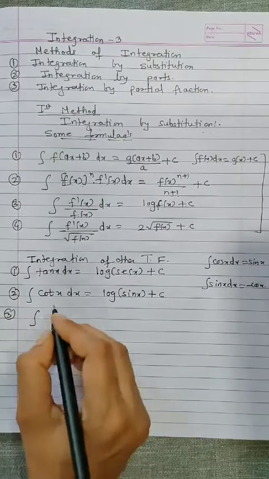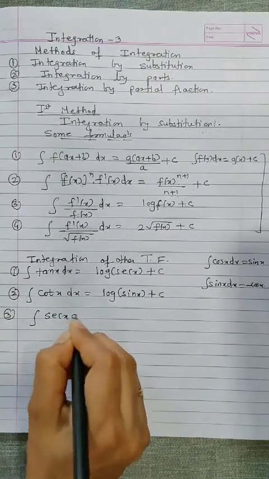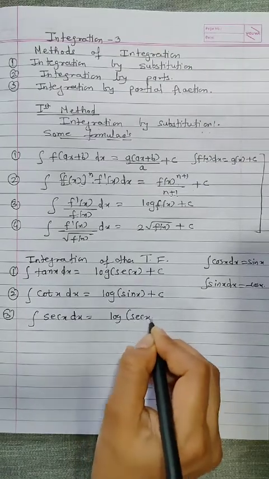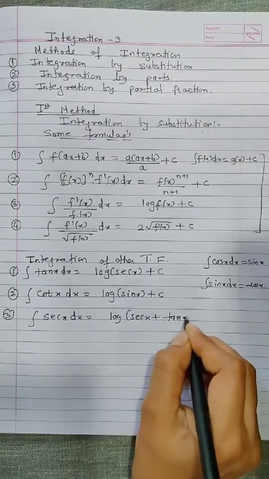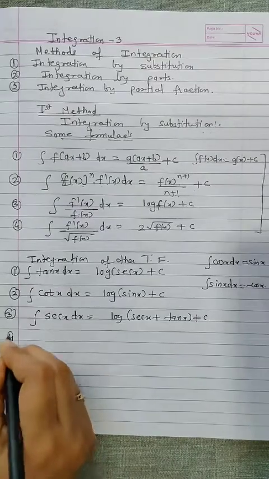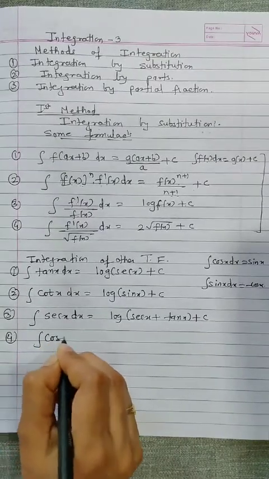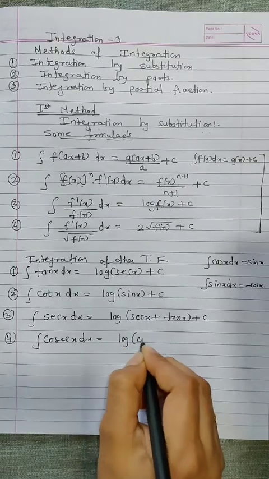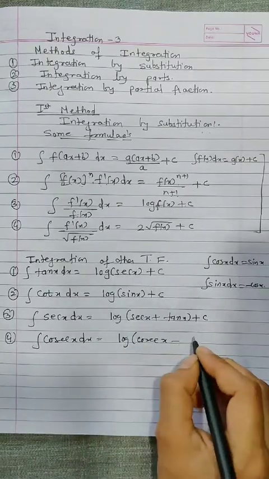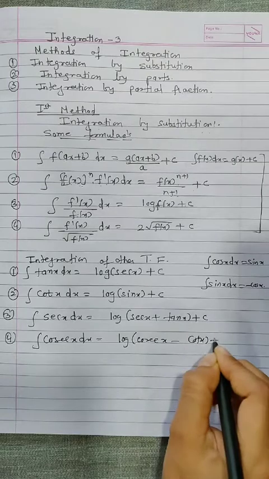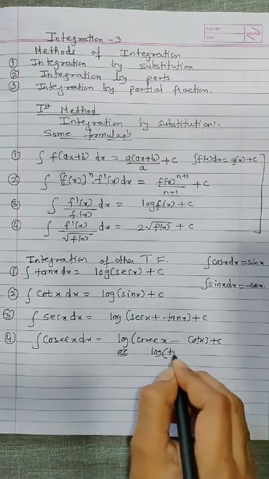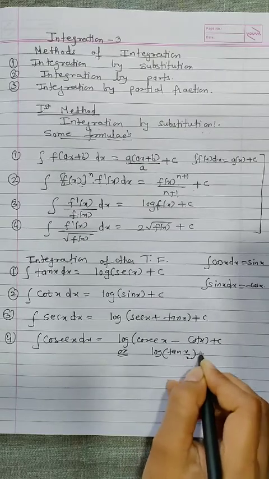Third one, integration sec x dx, it is equal to log of sec x plus tan x plus c. And the fourth, integration cosec x dx, it is equal to log of cosec x minus cot x plus c, or it has one more formula, log of tan of x by 2 plus c.